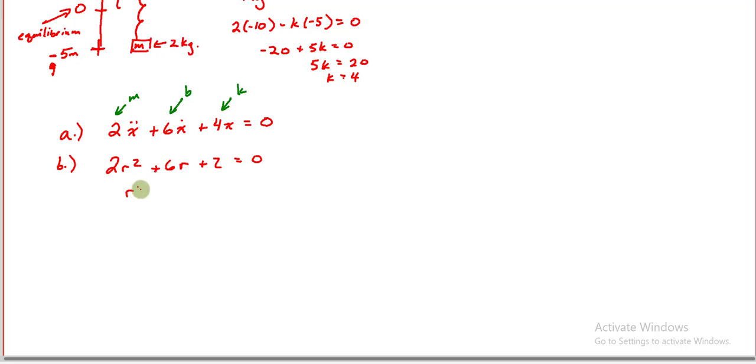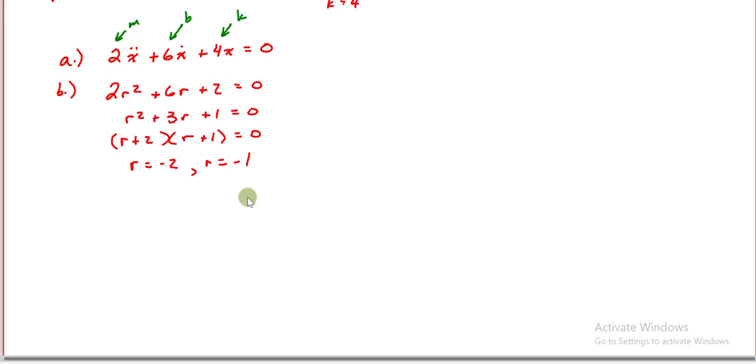If I divide everything in here through by 2, we get r squared plus 3r plus 1 is equal to 0. And in this case, we get 2 roots to the characteristic equation. They are both real and they are distinct.